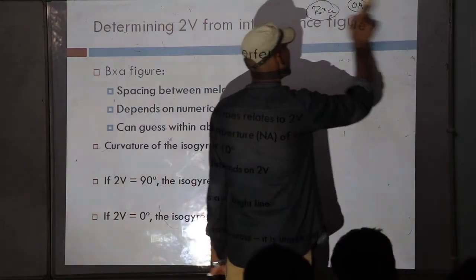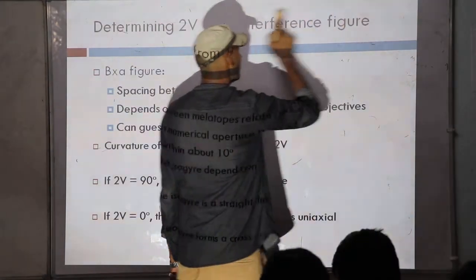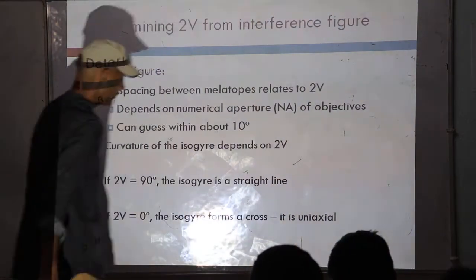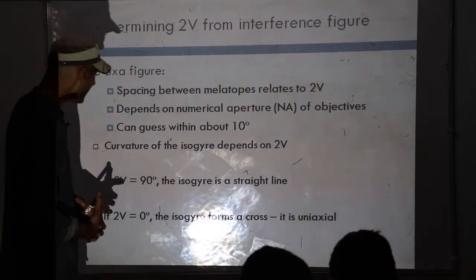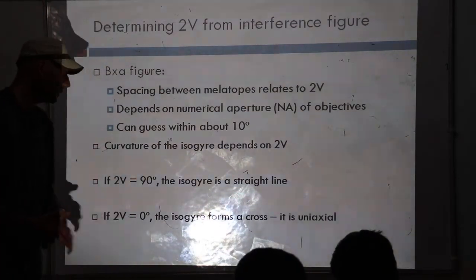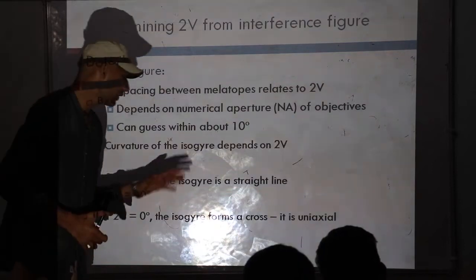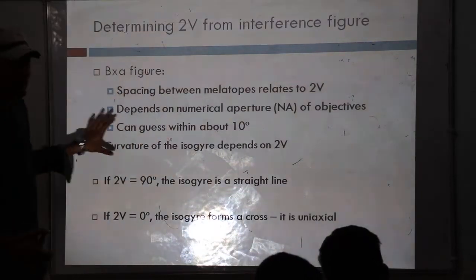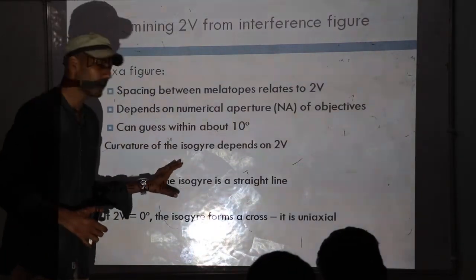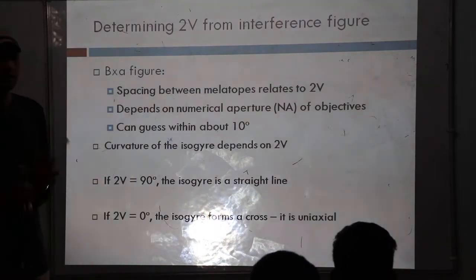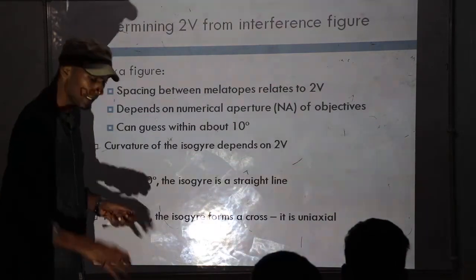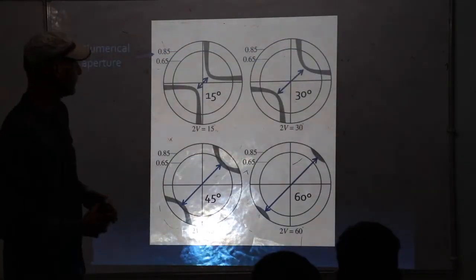Here I will discuss some of the concepts so that you can compare the 2V angle, but to calculate the 2V angle there is an exact formula. I have not included that in this slide. I have just included the methods by which you can compare the 2V angles.